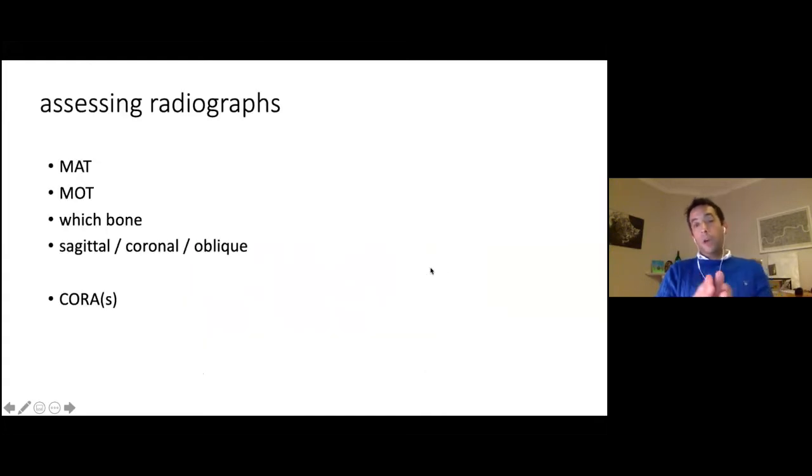So once we know which method we want to use, anatomic or mechanical, we can now start to go and assess the radiographs fully. And there are some steps in which we should go about things, because not always is a deformity obvious. Not always is a deformity single. There might be more than one.